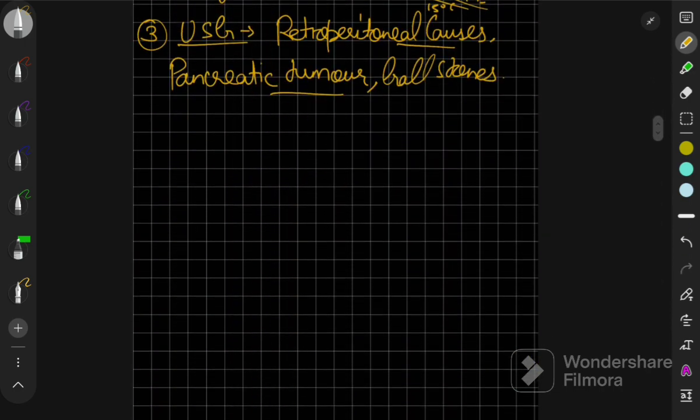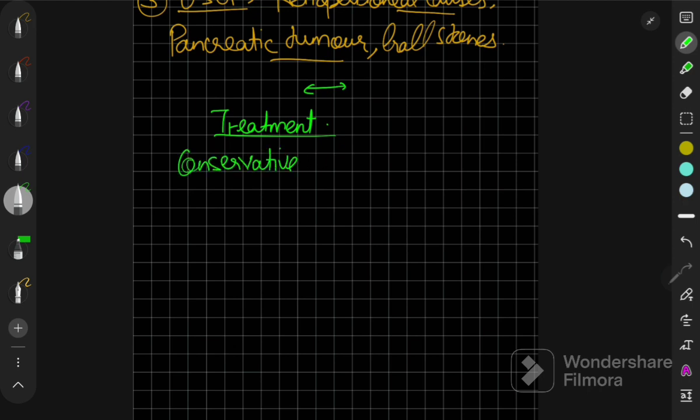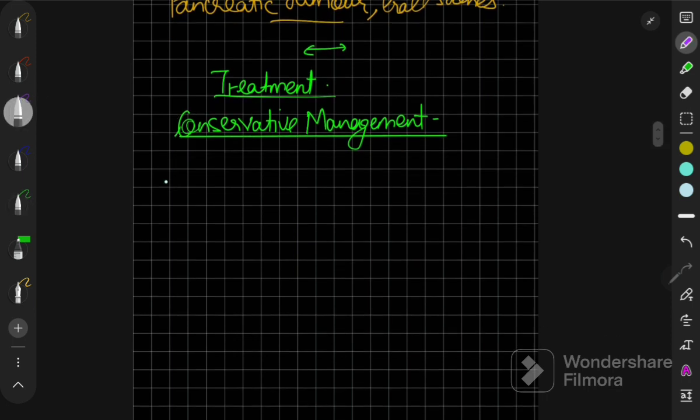Then comes the conservative management, treatment. In treatment, first we will do conservative management. In this, first is the lifestyle modifications.